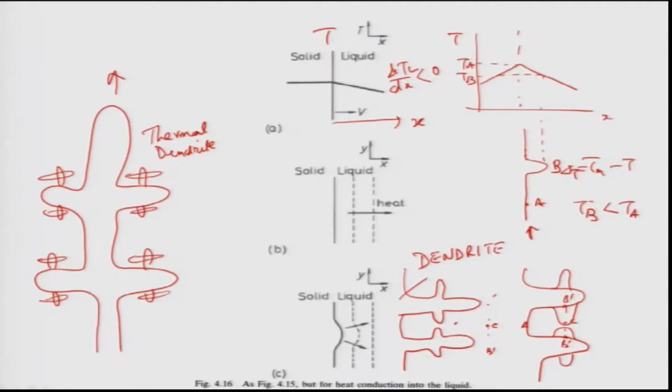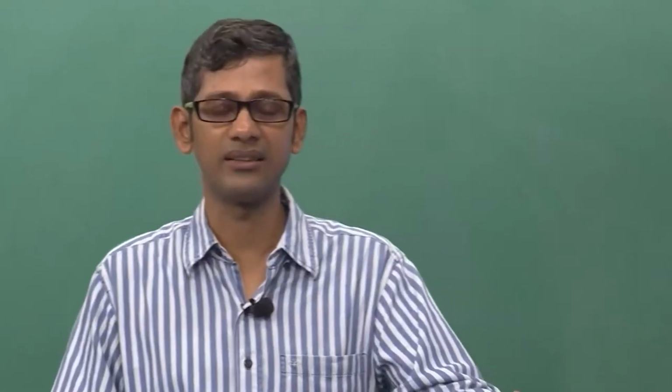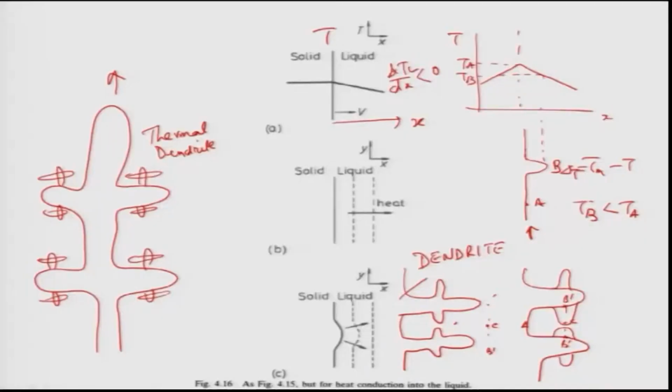If the temperature gradient is very high, then heat transport will be faster, because this is given by Fourier's law. The heat transport or the flux depends on the temperature gradient, just like a diffusion equation. Therefore, the higher the slope of this curve in the liquid, the faster is the heat transport, remember, from the liquid to the interface to the solid.